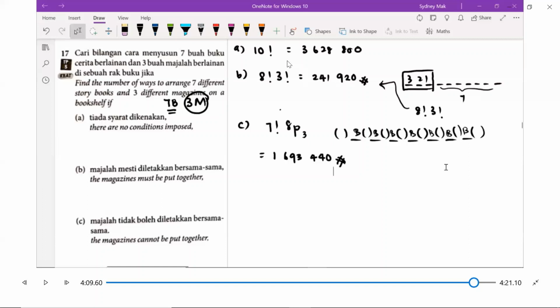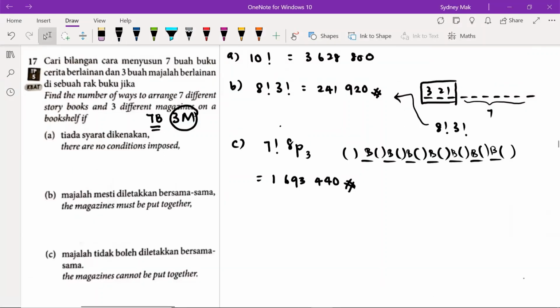If we take the A minus the B, we may get the arrangement whereby 1 magazine is separated from the 2 magazines. And that is not what we want. We want the magazines totally not together, totally separated. So that is the reason we need to use the fill in the space in between method rather than taking part A minus part B. So that's for question number 17.